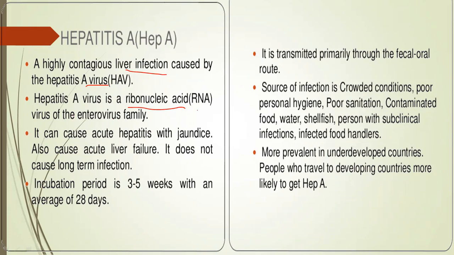It works as RNA, not as DNA, like we have just seen before. It can cause acute hepatitis with jaundice, and can cause liver failure. It does not cause long-term infection, and the incubation period of that virus is 3 to 5 days.